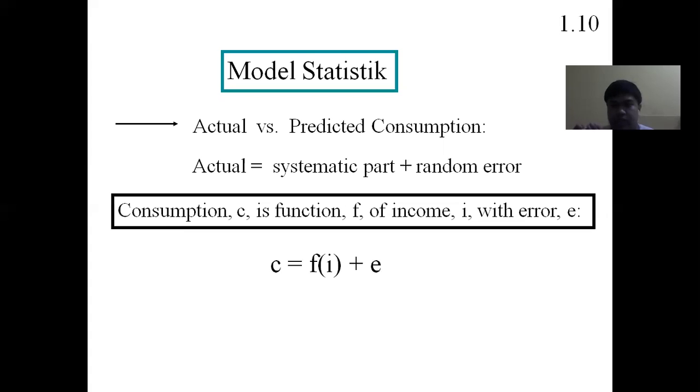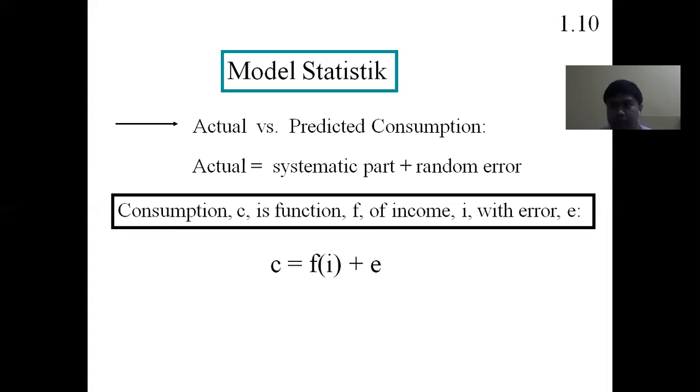For example, when we try to define the consumption rate based on our income, commonly our consumption is not only determined by income, right? It should be determined by preference, the number of population, the substitute price, the subsidiary price, the complementary price, and everything.